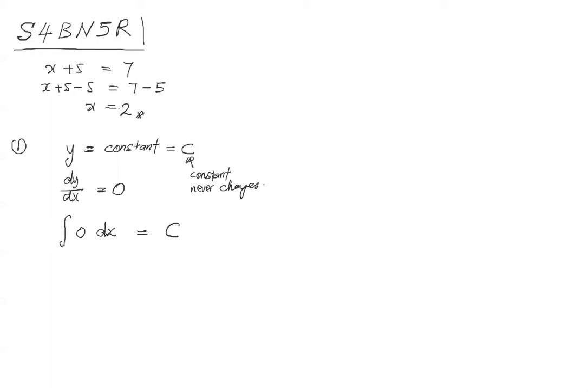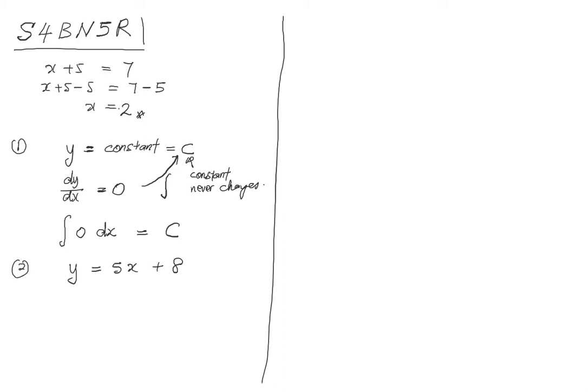So that is the meaning of integration. That's called antiderivative. You get me? Are you okay? Yeah. So second part, if I give you y equal to 5x plus 8, when I differentiate, dy dx, what do I get? 5.